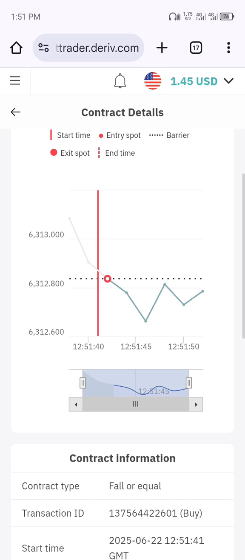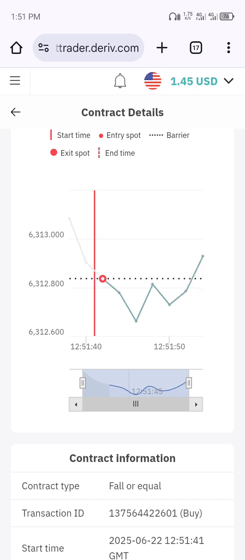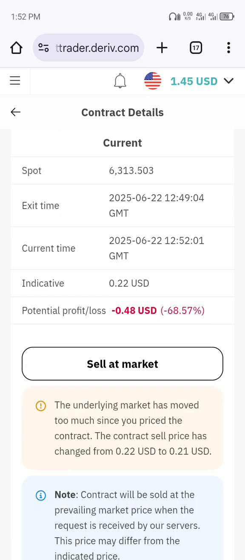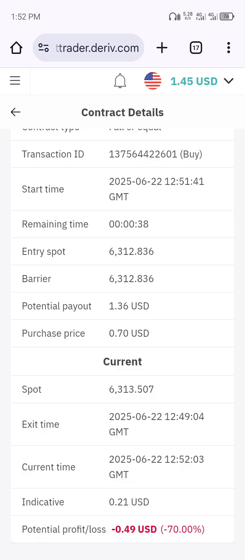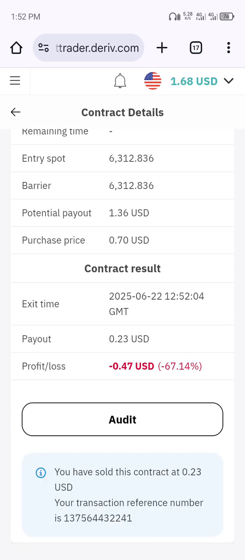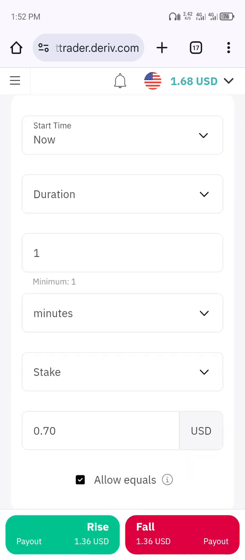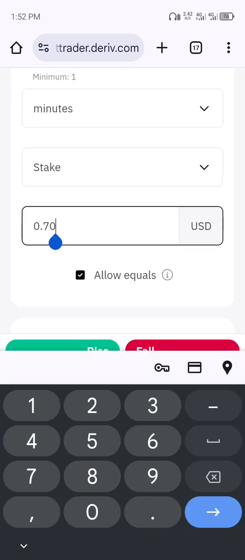We are looking at the chart, the progress of it. I try to close it because I've seen something, the loss is more than 30 cents. We don't have enough funds, so we are trying to manage it.